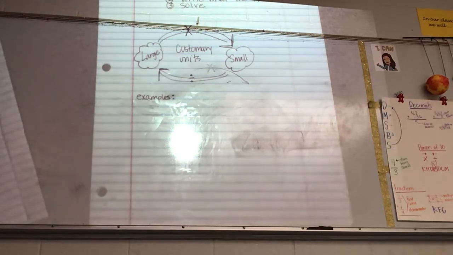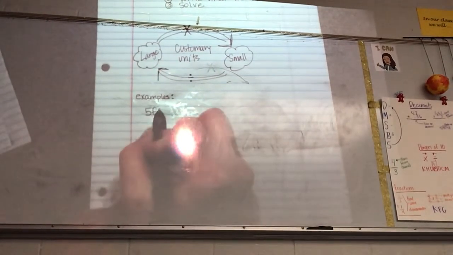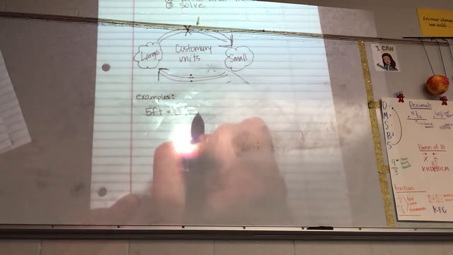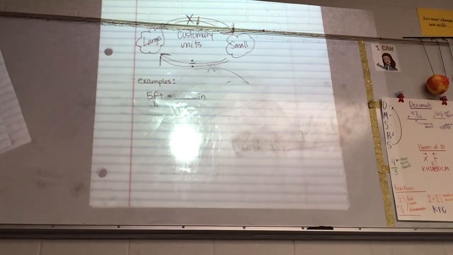Okay, so we're going to use my steps, and I'm going to give you some examples so we can go through these. We're going to have 5 feet equals how many inches? Step 1 is write down what we are doing. Are we going from small to large or large to small? They gave us feet, so that's what we start with.